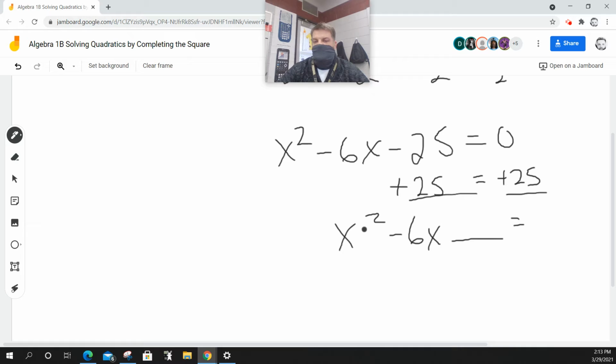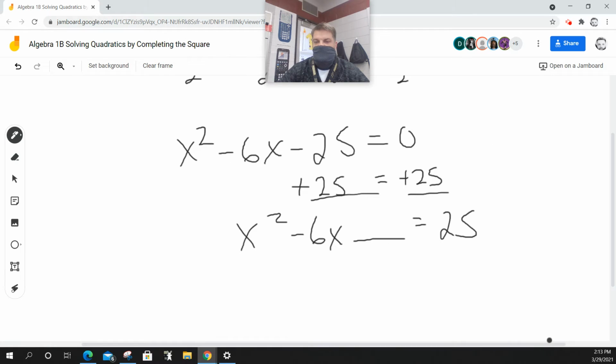So anyways, I get x squared minus 6x is equal to 25. Now I got to add something to both sides. What do I have to add? Well, I have to add b divided by 2 squared. What's b? Negative 6 divided by 2 squared.